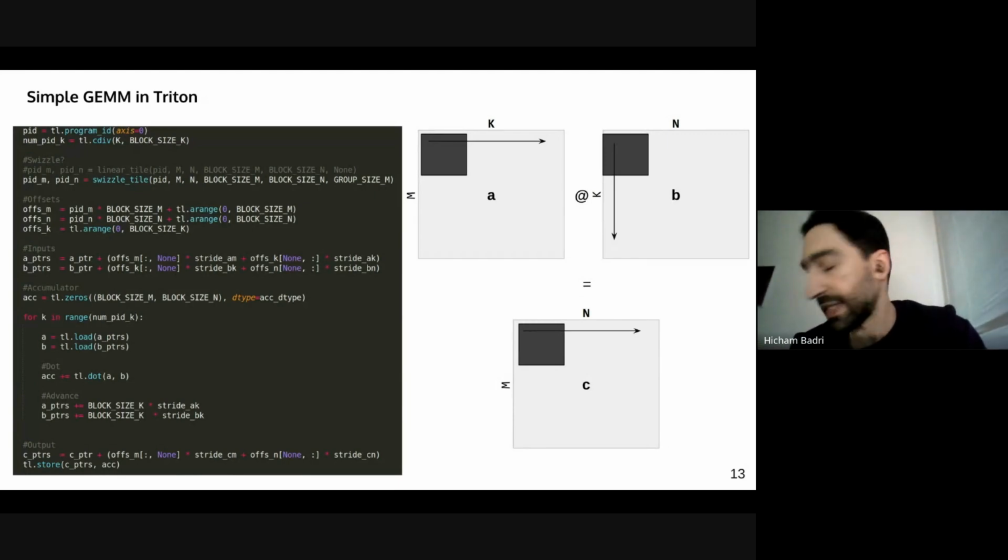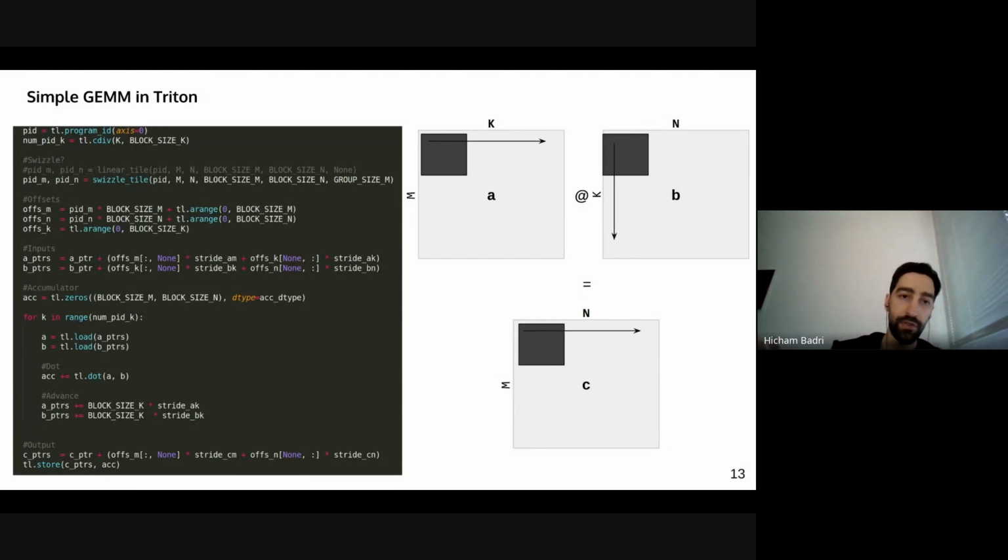So let's start with the simple matrix multiplication in Triton, like a GEMM, nothing fancy. There's no quantization here. Basically, what we want to do is matmul between A and B, and we get C. The way we do it is very simple. We take our input A, which will be the activations, and the input B, which will be the weights. We just chunk them into some blocks, and basically we just loop over the k dimension here.